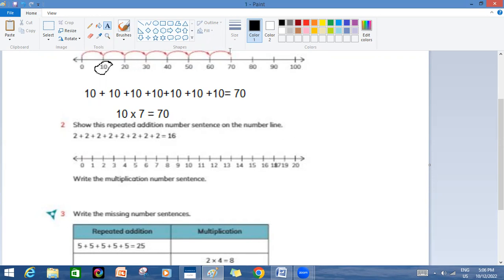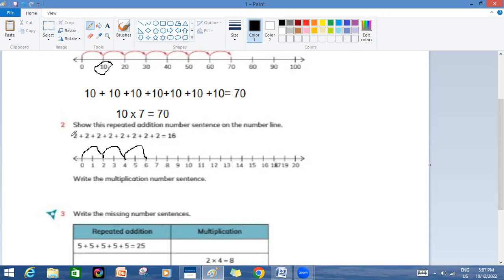So let's say plus 2. And again, when we add 2, it will be 4. And again, we are going to add 2.